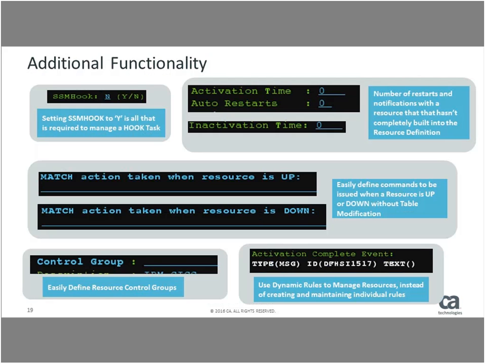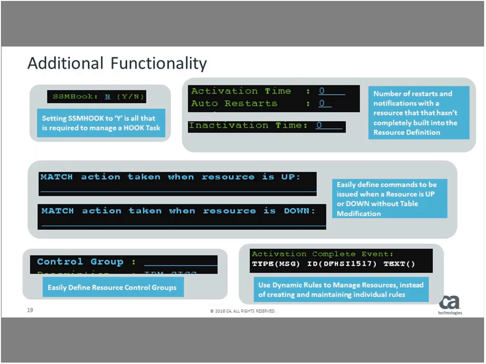All right. Okay, so we also added in a couple other small functionality that we think are really going to help you out a lot. The upper left here, for the SSM hook process, this was a routine that we had shipped out in the past. They required some updating of rules, some tables, you had to insert some stuff in the action table, all that stuff.